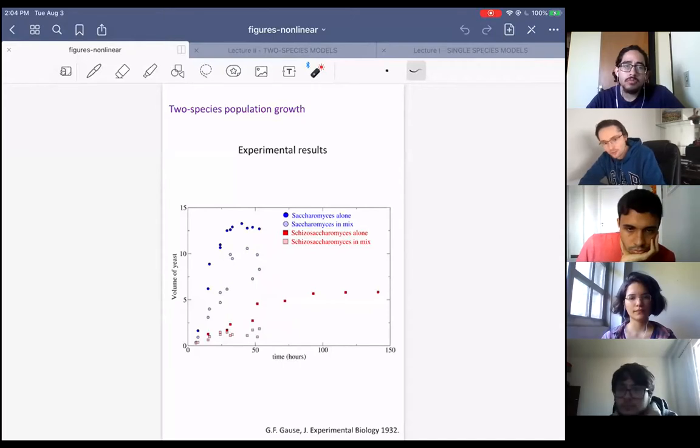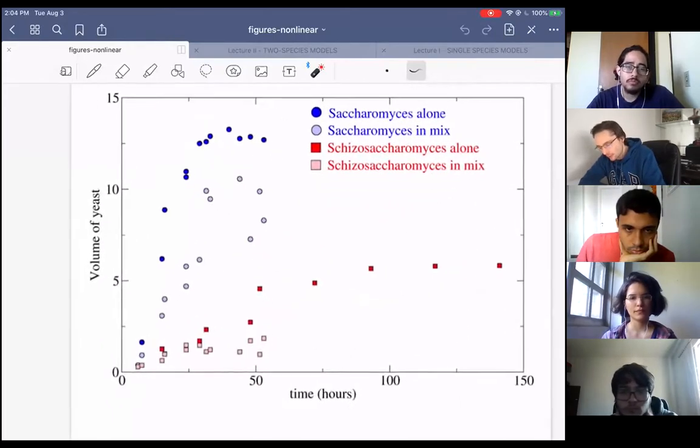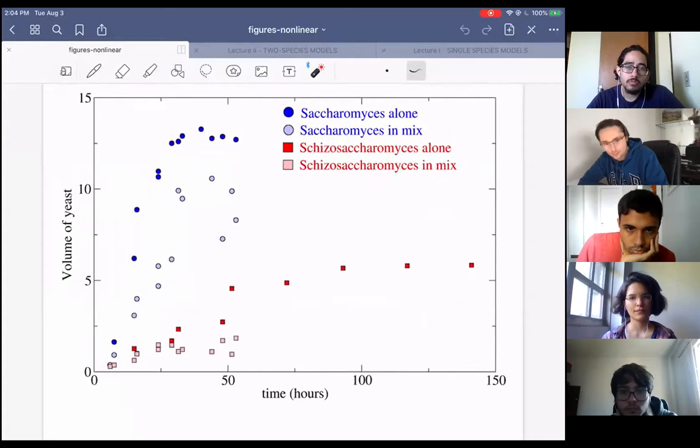But now the other thing that I am adding, and I'm going to make this bigger so you can see it more clearly, is a second collection of points that are these less intense blue and red points. These points correspond to the growth of these cells when they grow together.